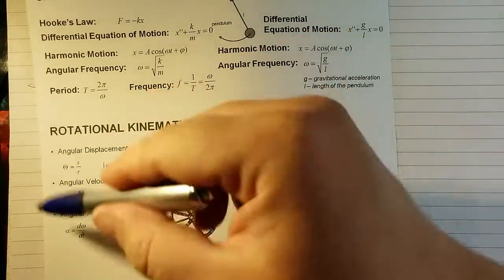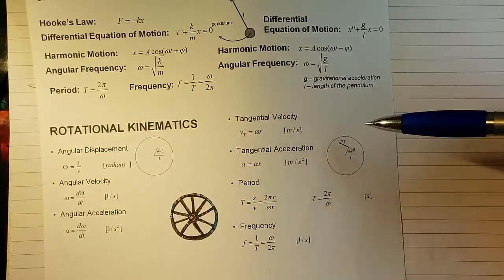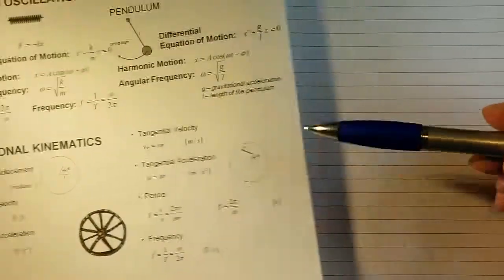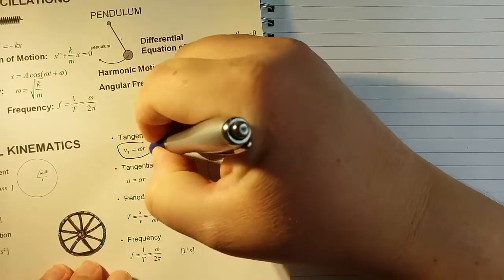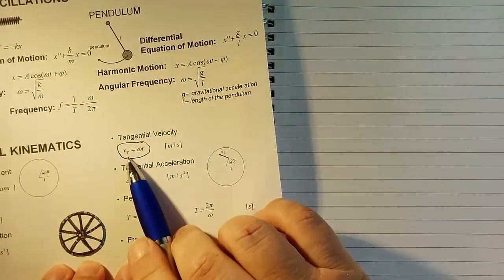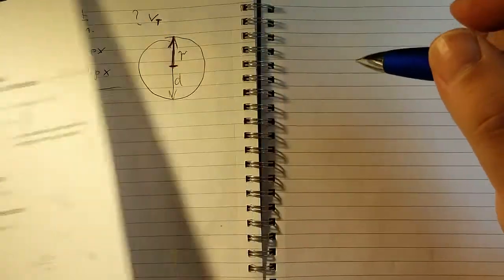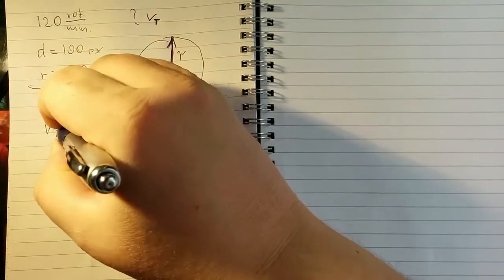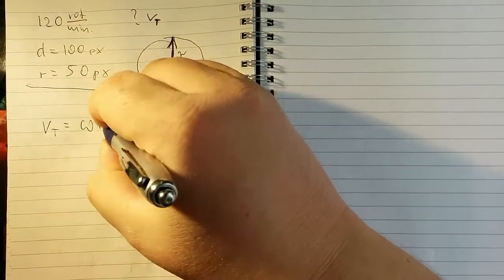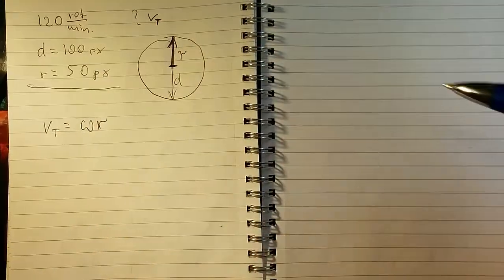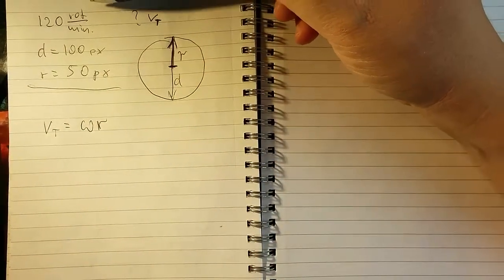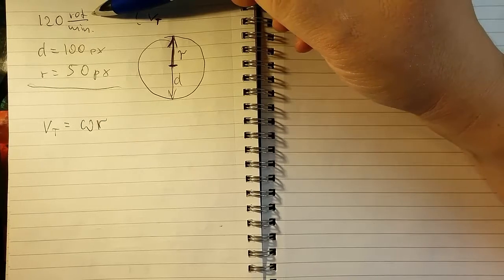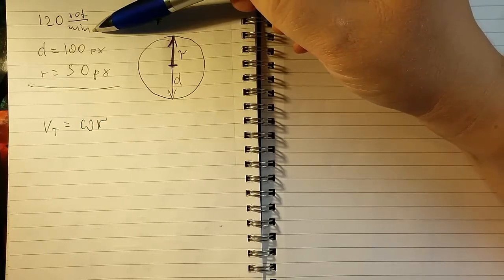These are formulas for the rotational kinematics. Tangential velocity is here. Vt, tangential velocity, equals omega r. Instead of omega, we have something that says 120 rotations per minute.